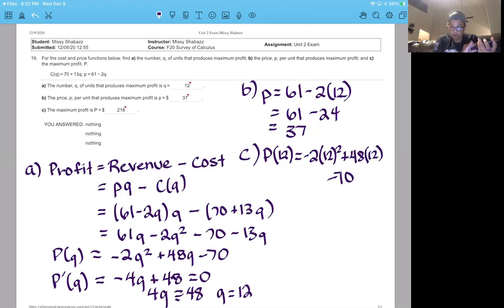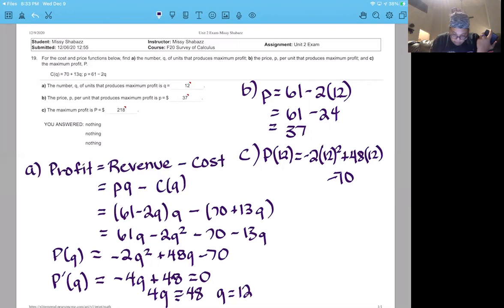So that looks odd. It's all right. Okay, so 144 times negative 2 plus 48 times 12 minus 70 gives me 182.